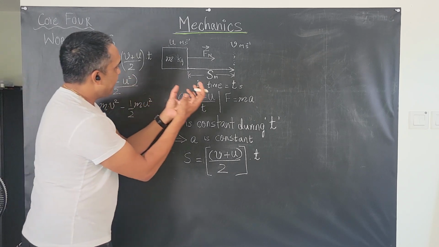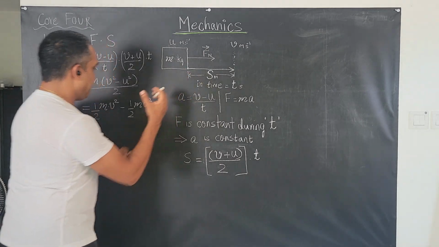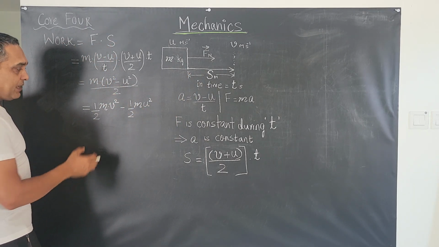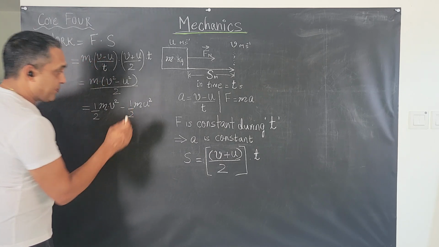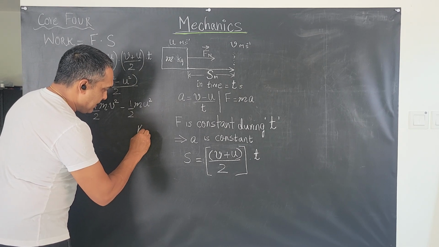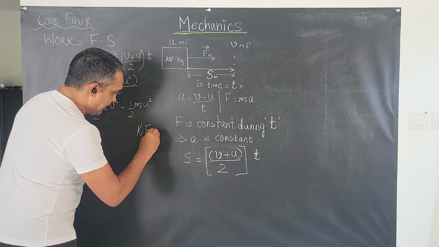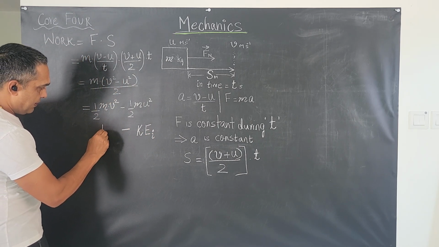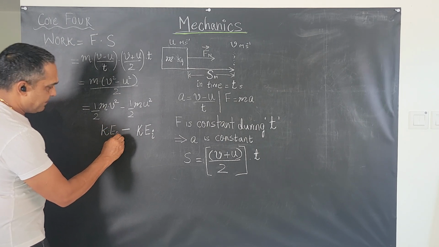That force and the resultant work done led to a transfer of energy, and this is where I'm using the word energy here. If this was the initial energy, and because it's moving I'm going to call this kinetic energy, KE initial, minus this one, which would be kinetic energy final.